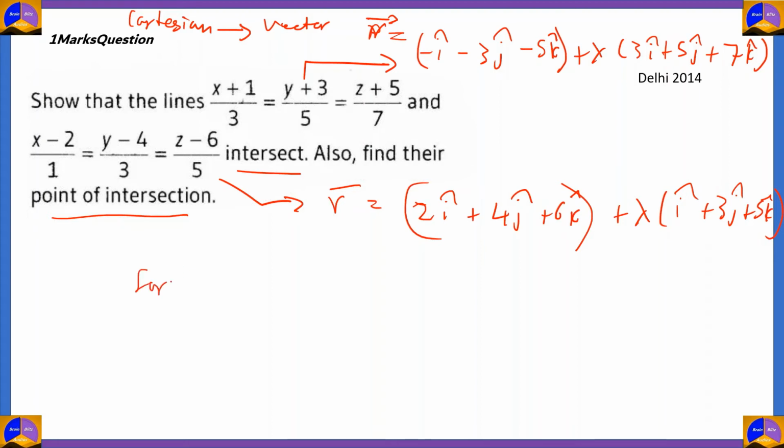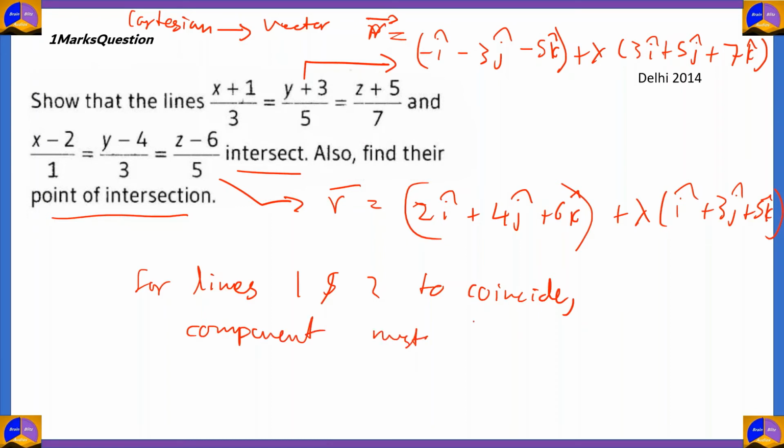So for lines 1 and 2 to coincide, we should note that their components must be equal. So the i component, the j component, and the k component must be equal.